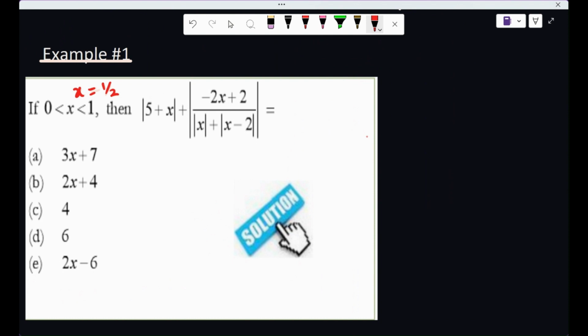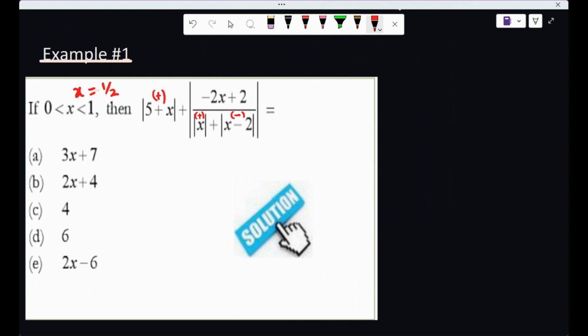If x is half, this x is going to be positive. But if you come here, half minus 2 definitely is going to be negative, right? So this is positive, this is negative. Then 5 plus half is also going to be positive.